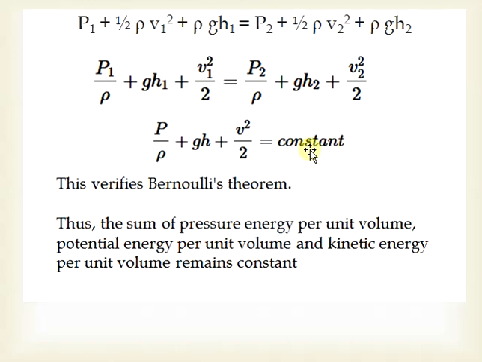So in general, we can say that the summation of the pressure energy, potential energy and kinetic energy per unit mass should be a constant at any point throughout the length of the pipe, which verifies Bernoulli's theorem.